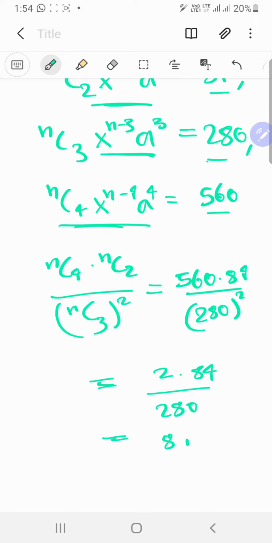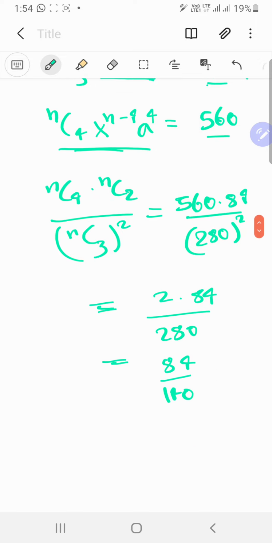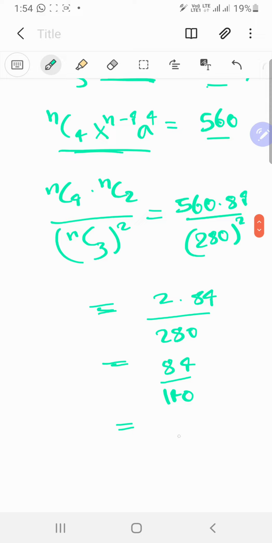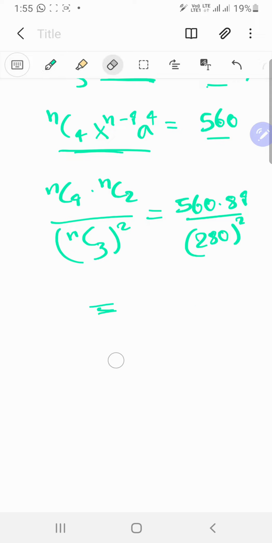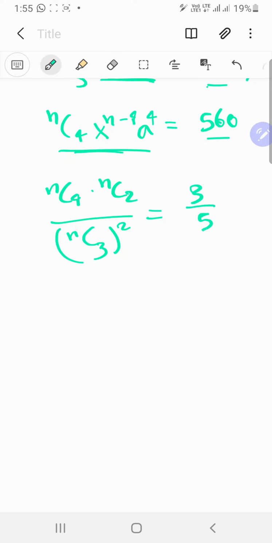So this will be 84 upon 140, and if I reduce by 4, that's 21 upon 35, which will be 3 upon 5. So that's nice. This value turns out to be 3 upon 5, if I have not made some mistake.